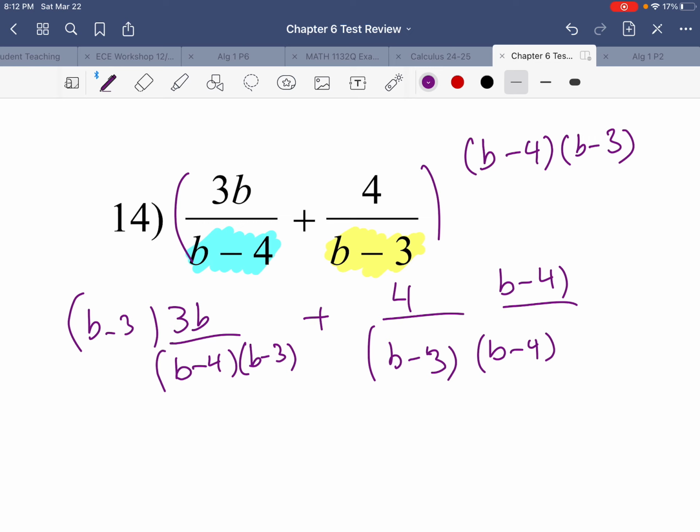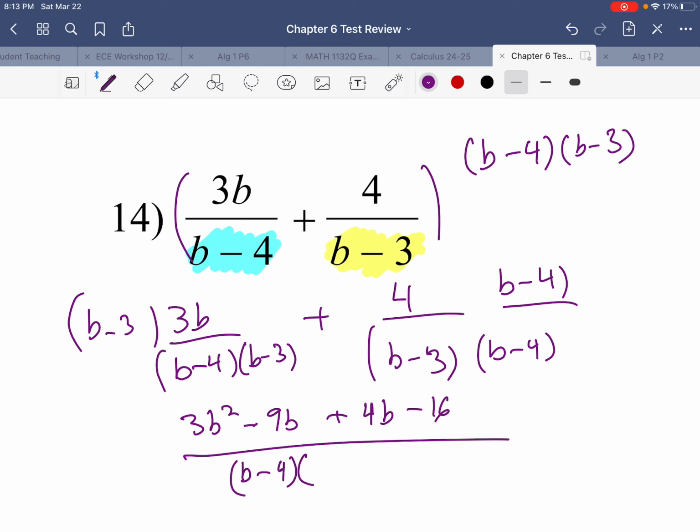So this is going to be 3b squared minus 9b plus 4b minus 16, all this over b minus 4 times b minus 3, or 3b squared minus 5b minus 16 over b minus 4 times b minus 3.